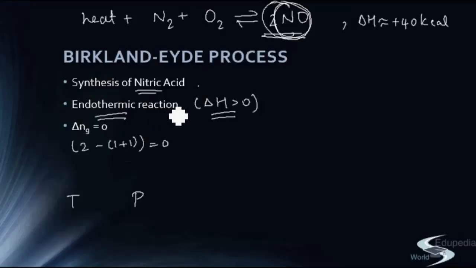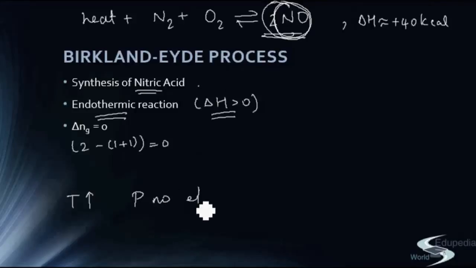Since the reaction is endothermic in nature, it is absorbing heat, so keeping temperature at high values might help me form more product. Whereas since delta Ng is equal to 0, pressure, whether it is high or low, will have no significant effect on the formation of product.